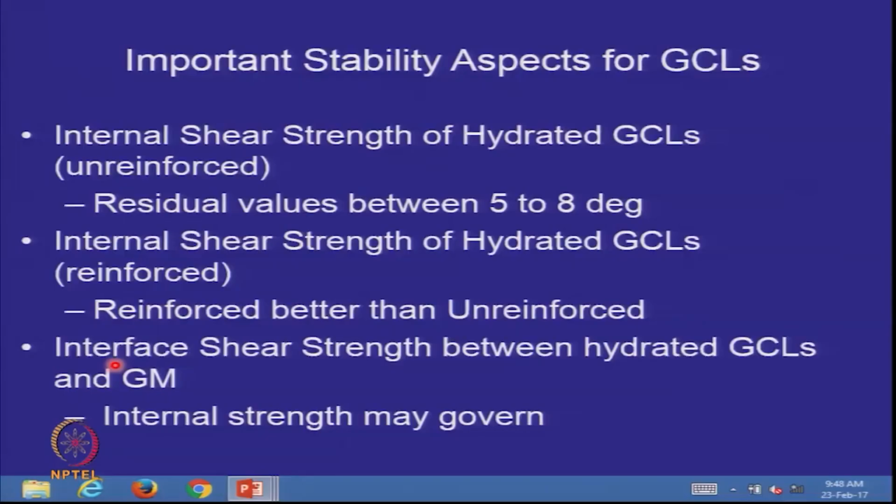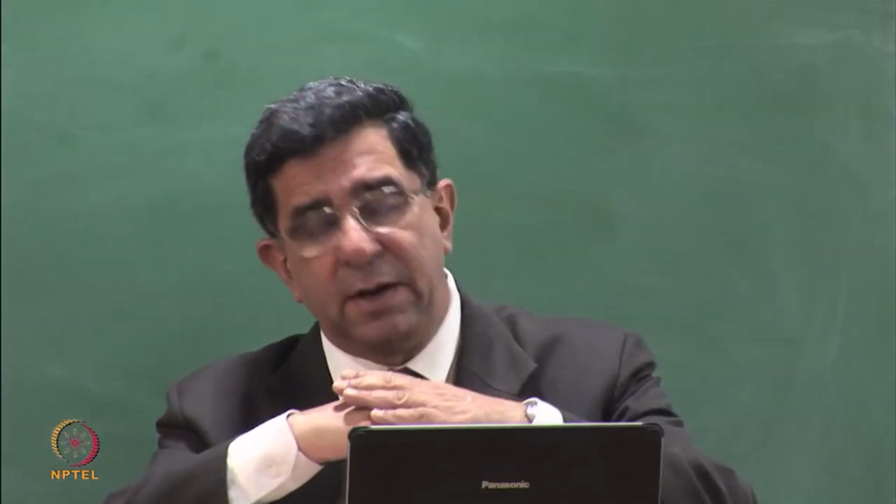The other question which comes up is, if the GCL is just under the geomembrane and it's hydrated, then during hydration the bentonite can extrude from the pores of the geotextile. The question which comes to our mind is, what is the interface shearing angle between the hydrated GCL and the geomembrane?